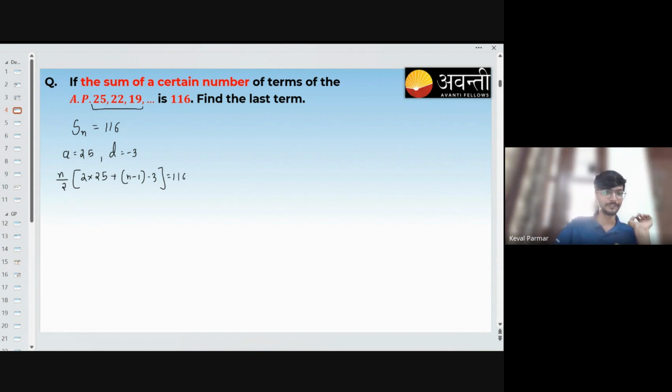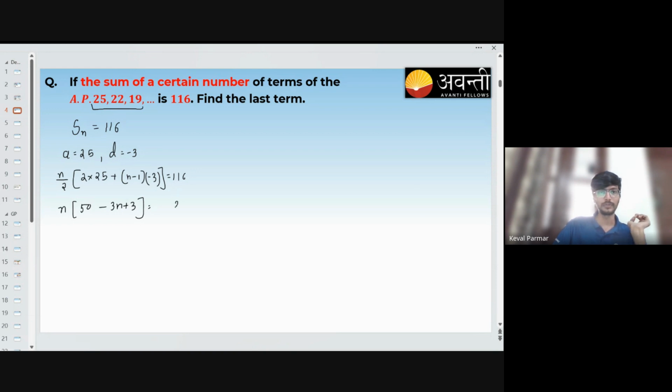Okay. So here you can see, what can we write? Yeah, we can cross multiply the 2. So I'll get n into 50 minus 3n plus 3 is equal to 116 into 2.